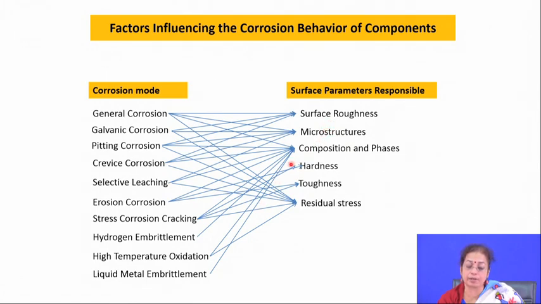In liquid metal embrittlement, composition and phases are very important. So you can understand which parameters influence the different corrosion behaviors of the component. If you go on controlling those parameters, you can minimize the tendency of corrosion attack in different ways.